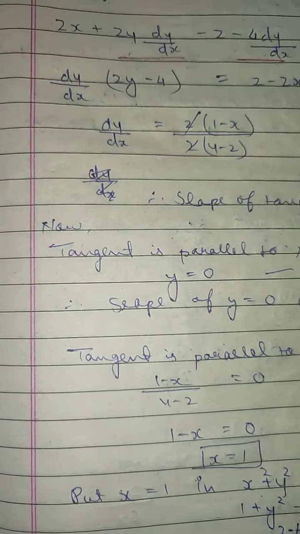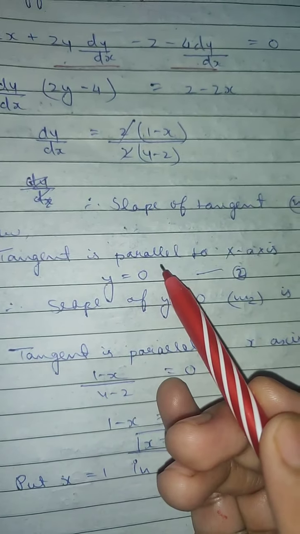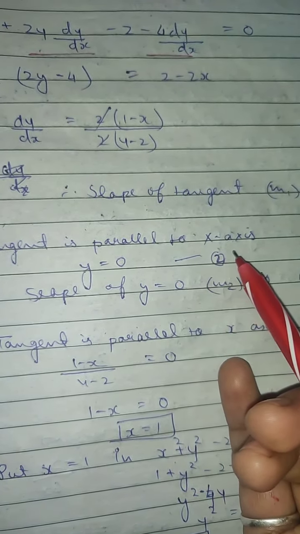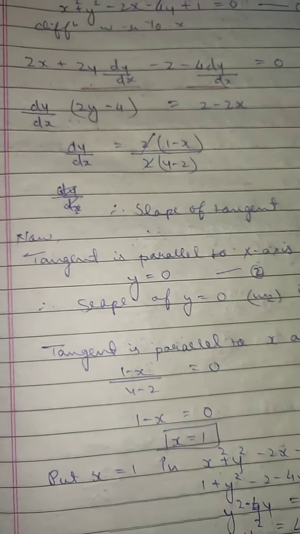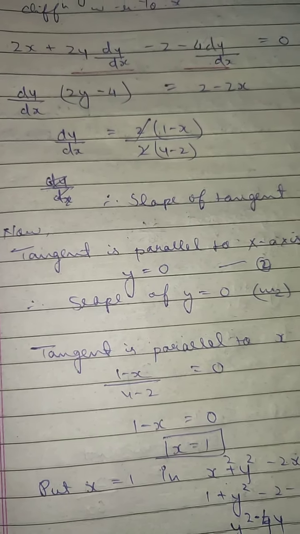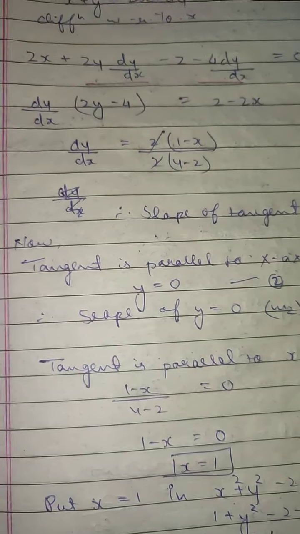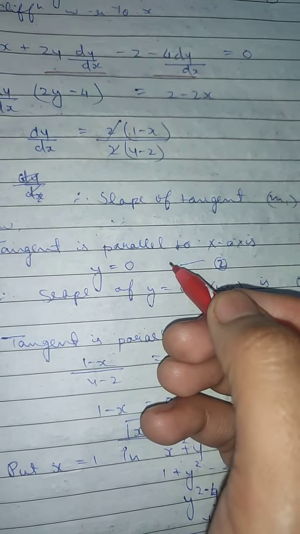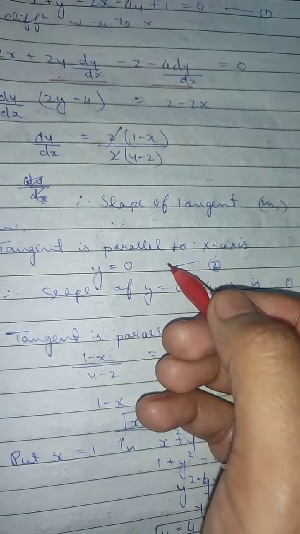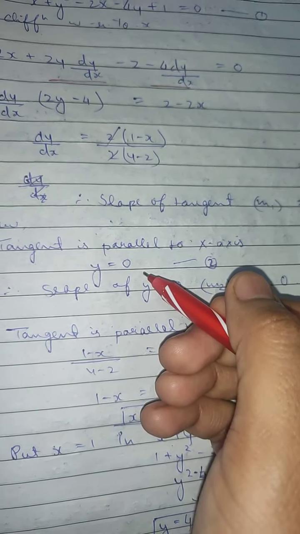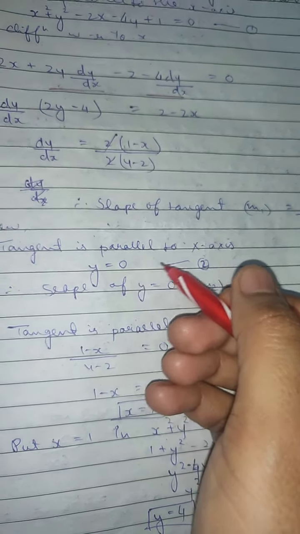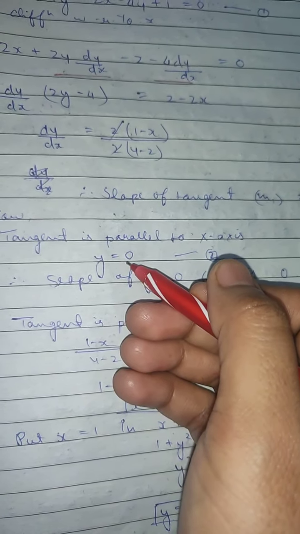Again, what is given in our question? The required tangent will be parallel to the x-axis. Whatever equation of tangent we get will be parallel to the x-axis, and the equation of the x-axis is y is equal to 0.